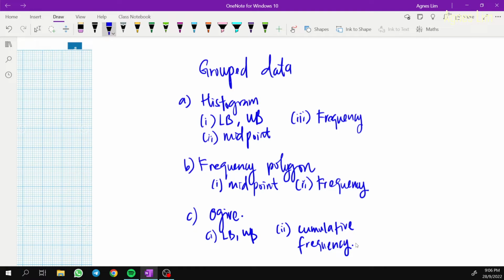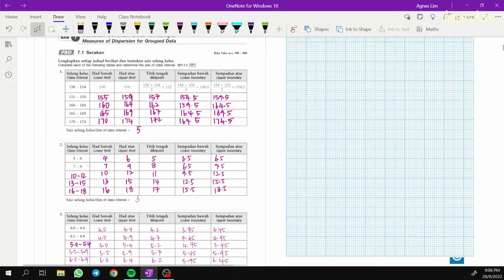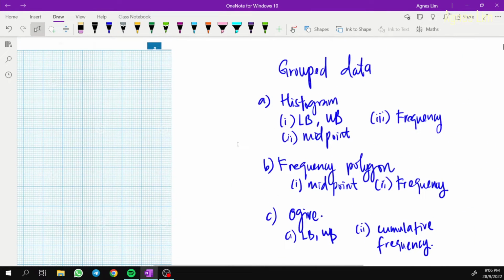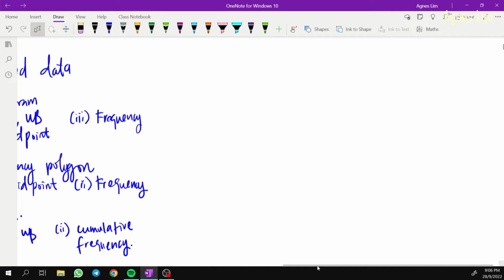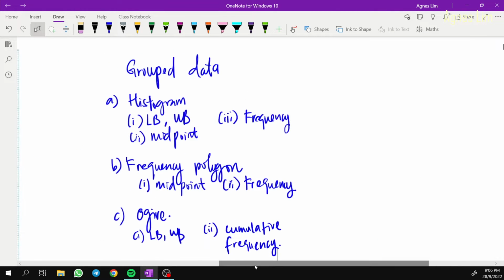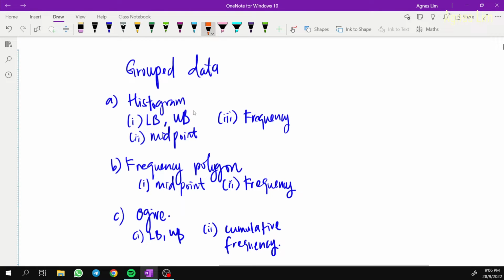Alright, so we are going to use the data from our homework, from your workbook, here, to draw a histogram. So we are going to draw two histograms. One of the histogram will be using lower and upper boundary.